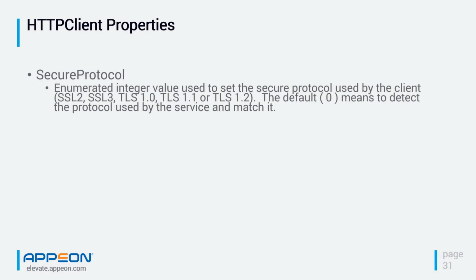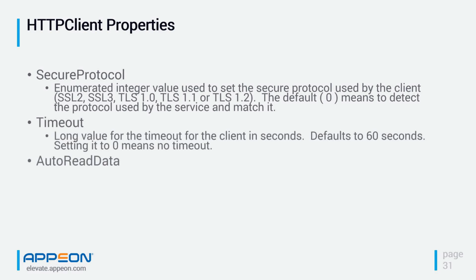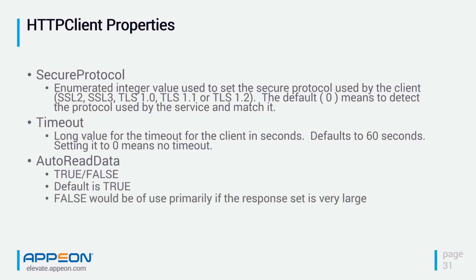So as I mentioned, the REST client had some properties. The HTTP client also has some properties. Actually, two of them are the same properties: the secure protocol and the timeout. HTTP client has a couple other properties. Auto read data defaults to true, which means it would automatically pull down all the data in one batch, essentially, in one block of data.